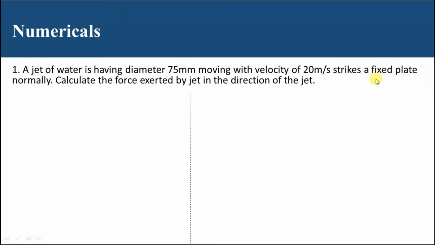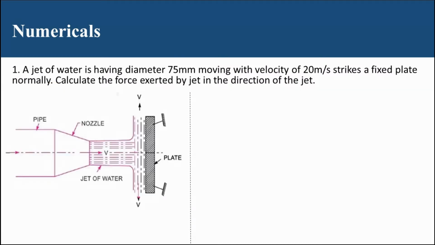It is striking normally, which means you can consider the plate vertical and the jet horizontal, striking normally. We are supposed to calculate the force exerted by the jet in the direction of the jet, Fx.